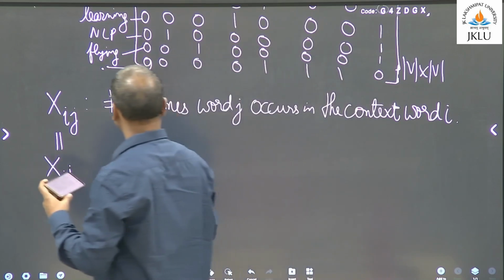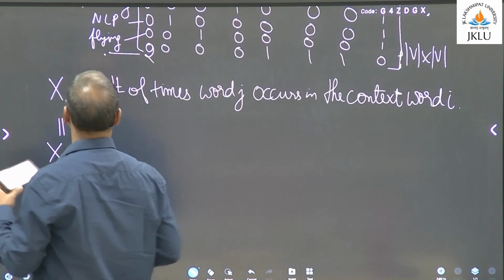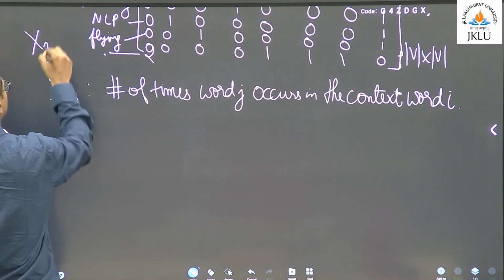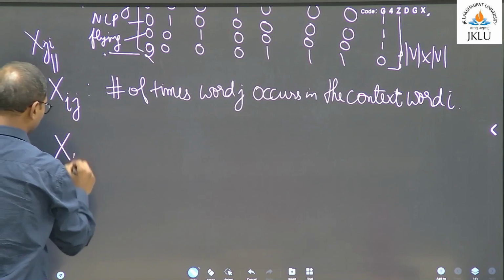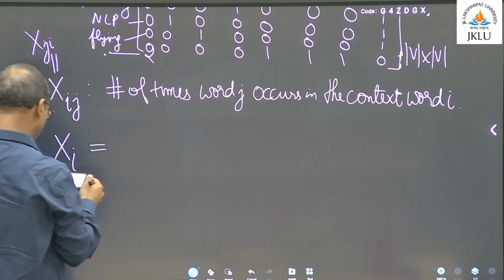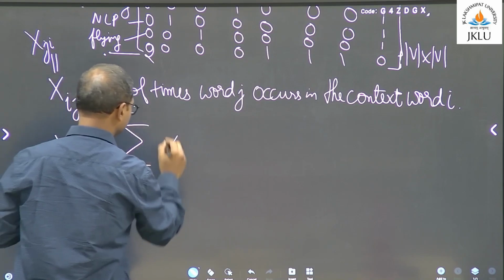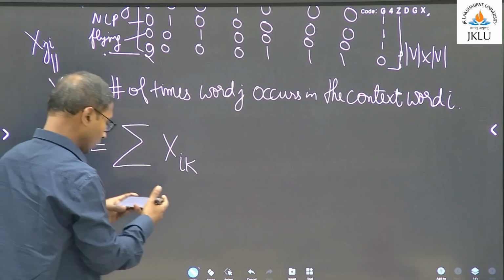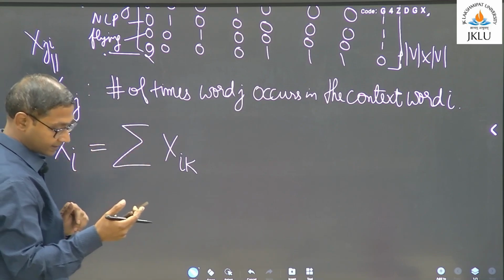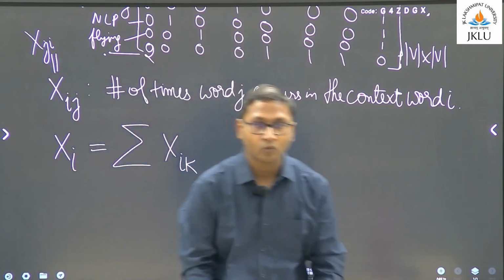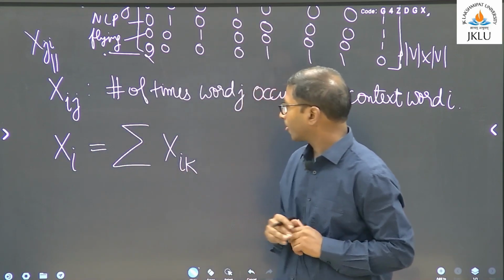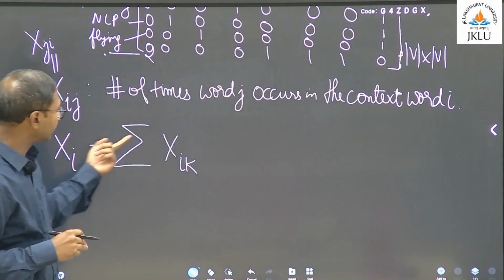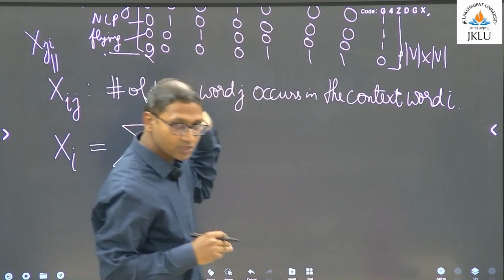Now let Xi be, so let me write it somewhere else. They define Xi equal to the summation of Xik. What will this summation be over? When I say summation Xik, what are we trying to sum actually?